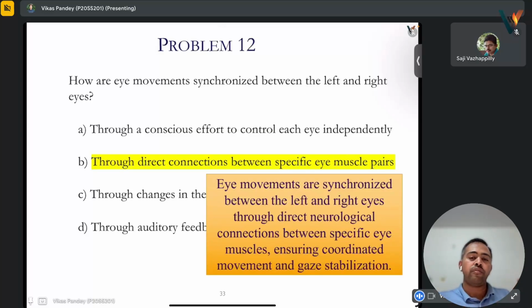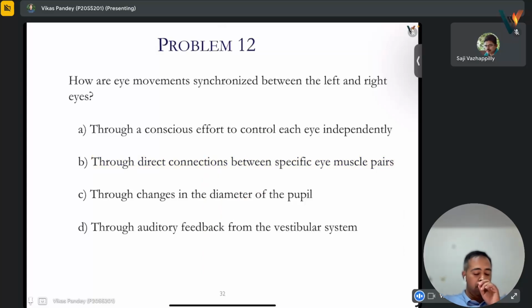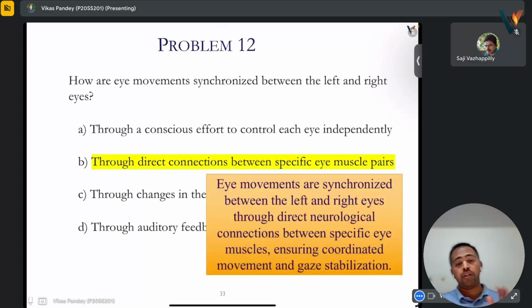So there is a role of this in gaze stabilization, whereas there is a role of the vestibular system, where whenever we have head movement, we are still able to see things without losing gaze. But along with that, the connection of these two eyes working in tandem also makes it possible.